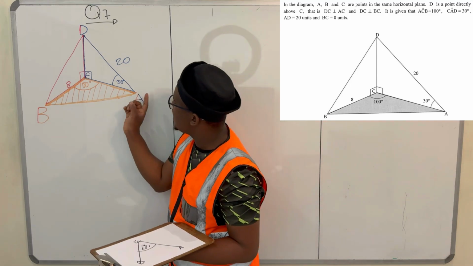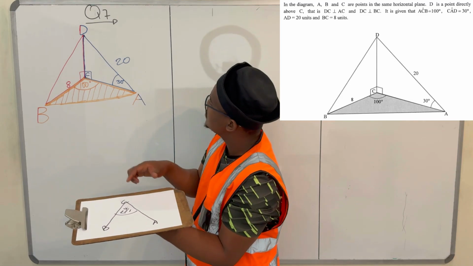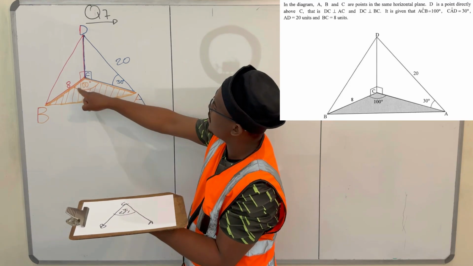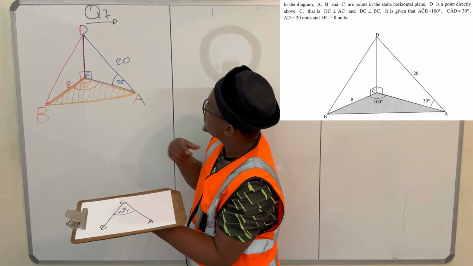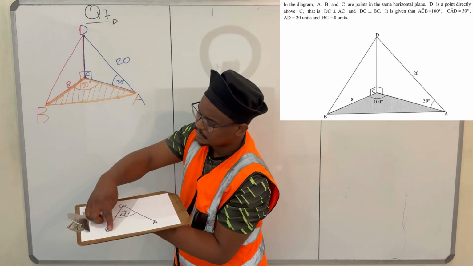Right? I said A, B, C. They are all in the flat horizontal surface like this. And the angle between BC and AC is 100 degrees, as you can see there. No problem. They want them to say that the length BC, this length here, is 8 units.